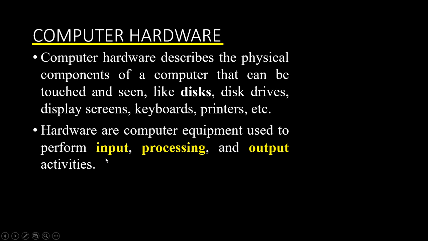Some hardware are used for collecting data to the computer, or entering instructions, inputting. We are going to look at what input hardware are clearly as we follow the lesson. But there are some which are used for processing. It is a hardware component, but its task is processing.